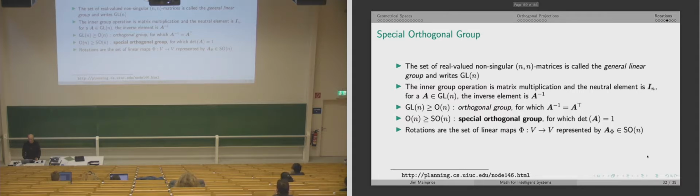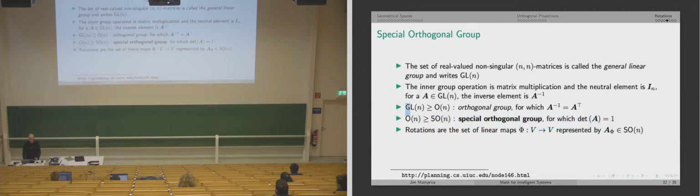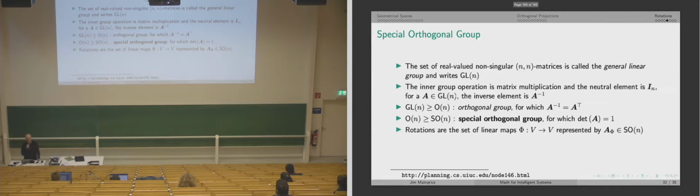So rotations are a set of linear maps that are represented in coordinates by these matrices, which are elements of SO(n), a subgroup of the general linear group with the restrictions I stated here. That's all you need to know to get an understanding of what the special orthogonal group is.